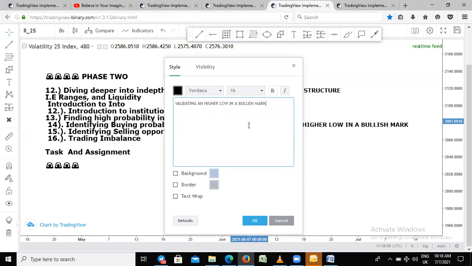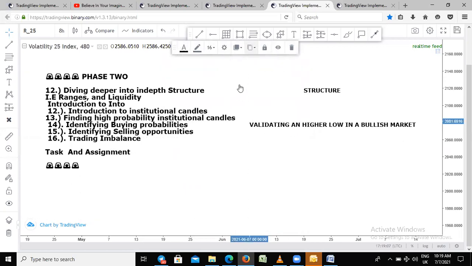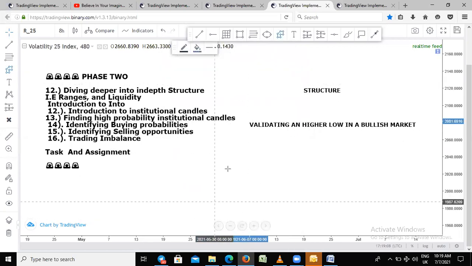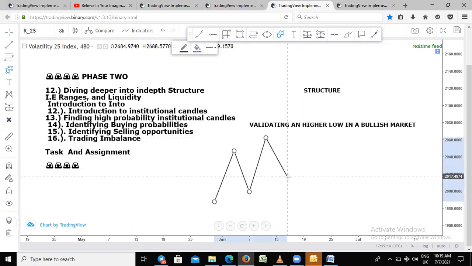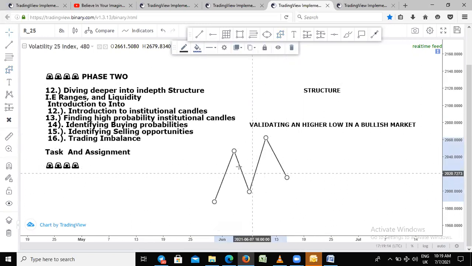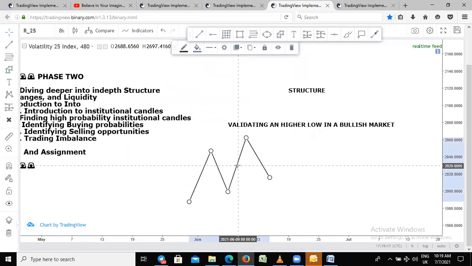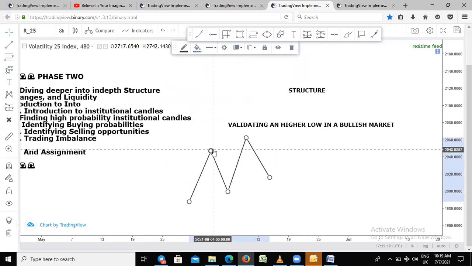Now, the first thing you want to note when you see your trend. Let me draw this. I'm coming. Now, this is a bearish market, right? Now, look at this. One of the constituents of a higher high is that we want to see a candle close above this, right? Good. So the first thing you want to notice is how we validate a higher low.